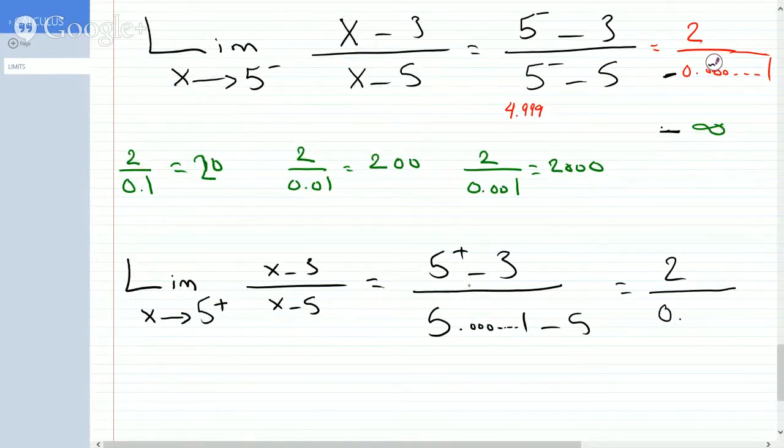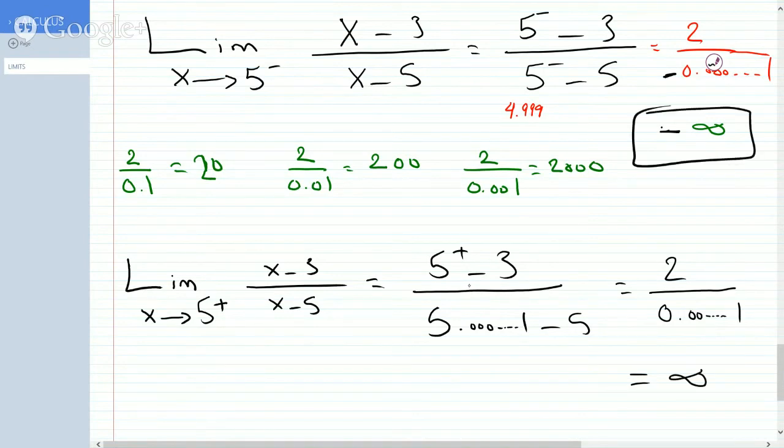So we get 2 over 0.000, infinite amount of zeros, 1. The answer will be just like here, infinite. Okay, so here we got minus infinity, here we got plus infinity.